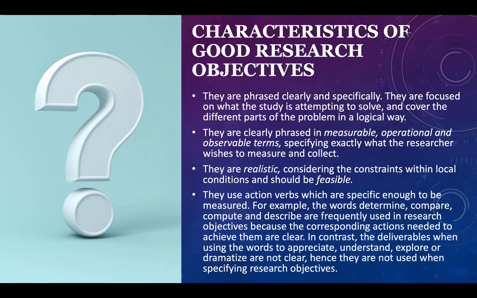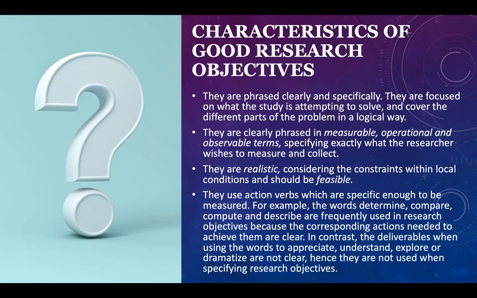They are focused on what the study is attempting to solve and cover the different parts of the problem in a logical way. They are clearly phrased in measurable, operational, and observable terms, specifying exactly what the researcher wishes to measure and collect. They are realistic, considering the constraints within local conditions, and should be feasible.